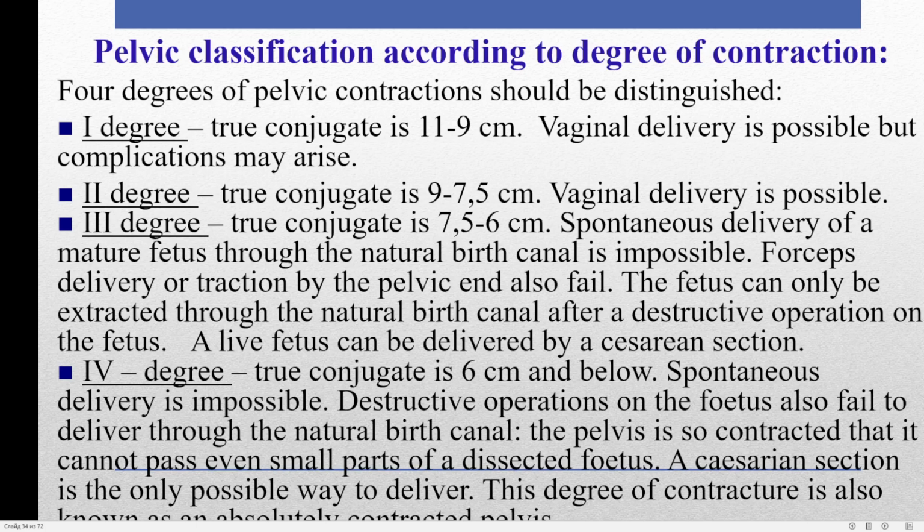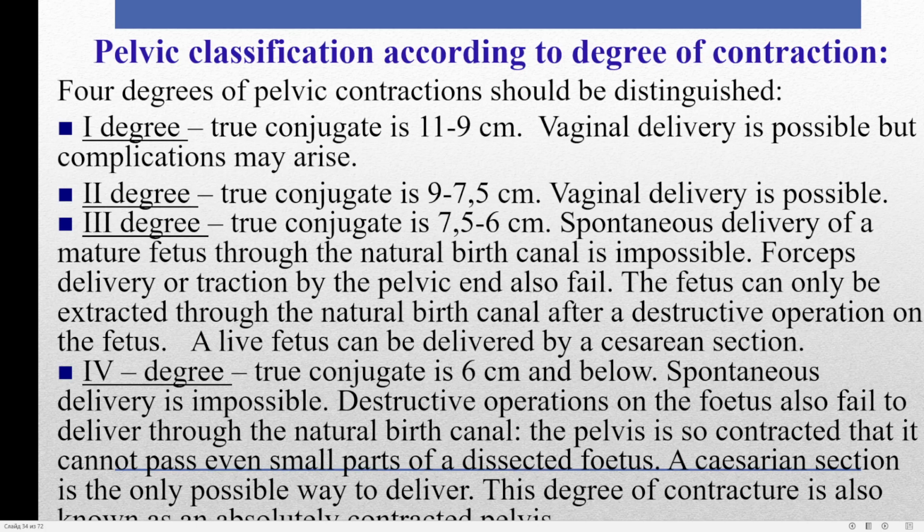If you remember, the true conjugate is the distance between the sacral promontory and the upper inner part of the pubic symphysis. There are 4 degrees. First degree: the true conjugate is 11 to 9 centimeters. In this situation, vaginal delivery is possible, but complications may arise.